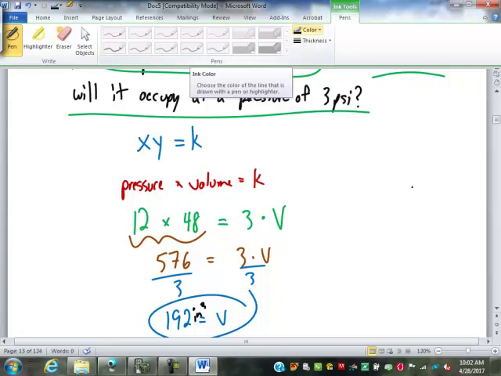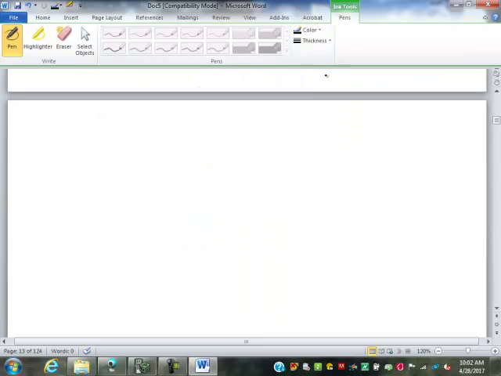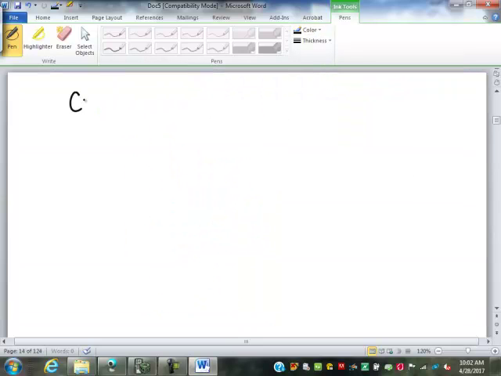When I put it in this form, there is a formula we used in the last unit that is obviously an inverse relationship. And that was that change of concentration formula.